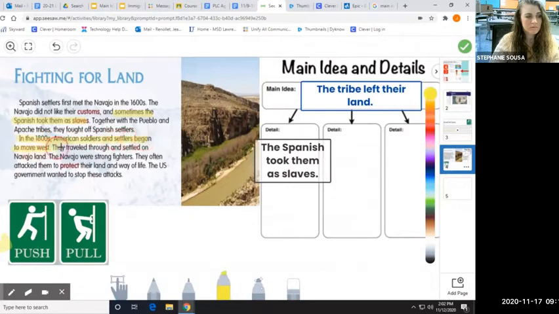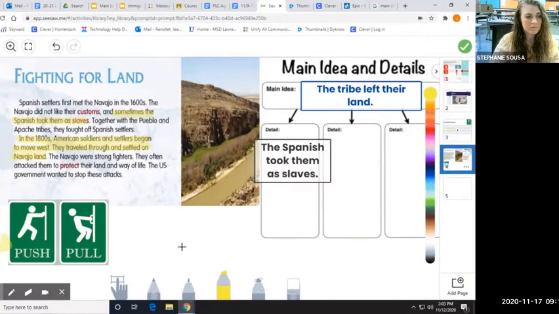This might be another reason that the Navajo tribe decided to leave their land. If new immigrants came and moved into their area, that might be another push factor to push them out of their land.